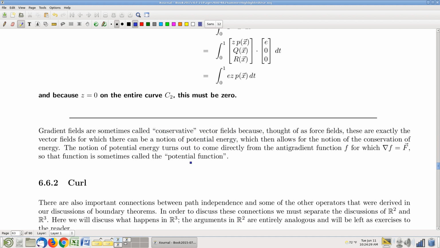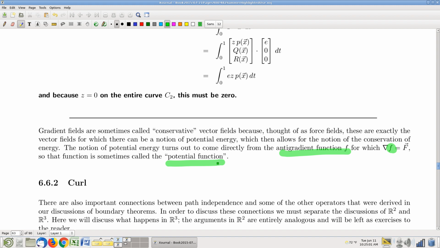Okay, related to this, and I don't want to get too far into the physics, but this function, the anti-gradient function, this thing right here, that is the potential energy function in the physics context, as it turns out. And so the terminology is, instead of anti-gradients, usually physicists will talk about the potential function of a vector field.